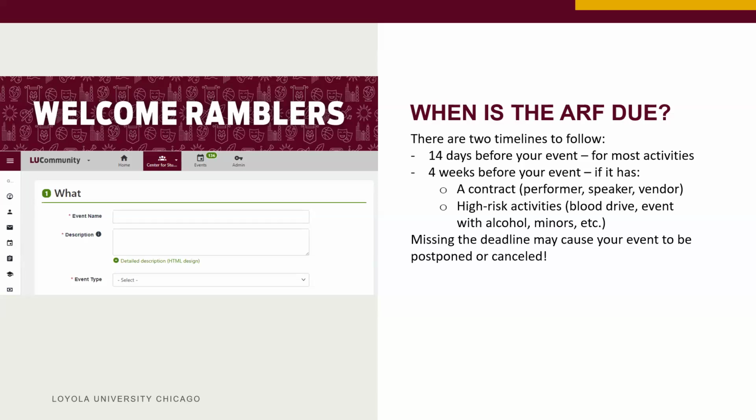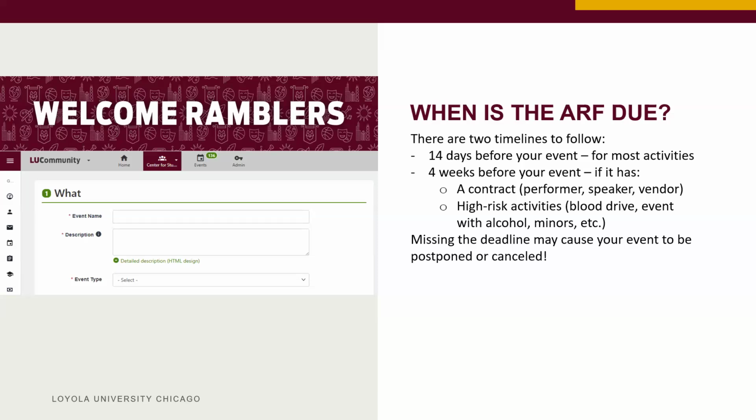Now, the reason why it's important for a treasurer to be aware of when the ARF is due is that you also need to make sure that when you are requesting funding, you are requesting that well in advance of when the ARF is due. So if you go back to the budget deadlines and resources tab, you'll notice that organizations receive funding usually a week and a half after the budget deadline.